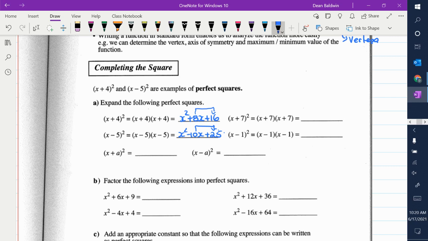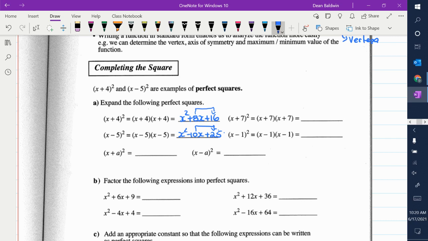How can I get 16 from 8? So you could multiply it by 2. That's one way to do it. There's another way. Divide by 2 and square. If you take 8 and divide it by 2, you get 4. 4 squared is 16.